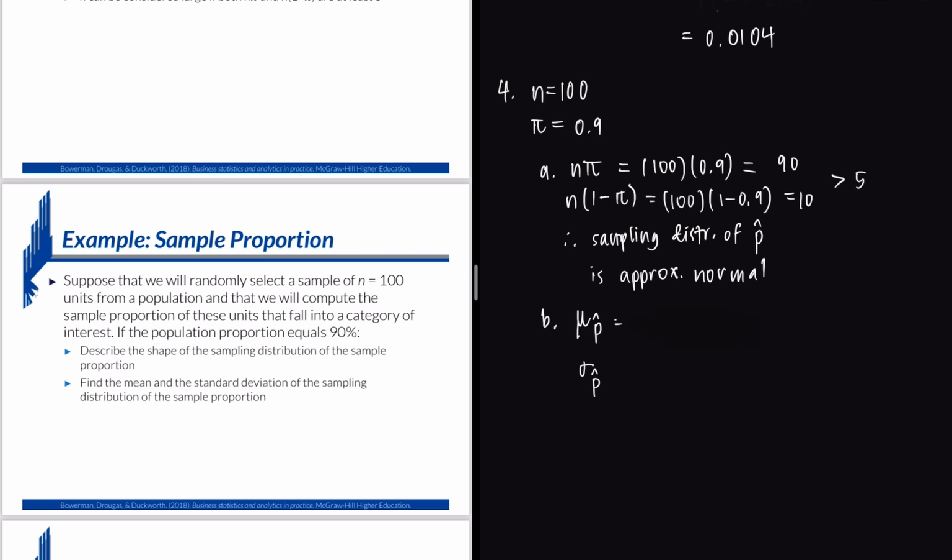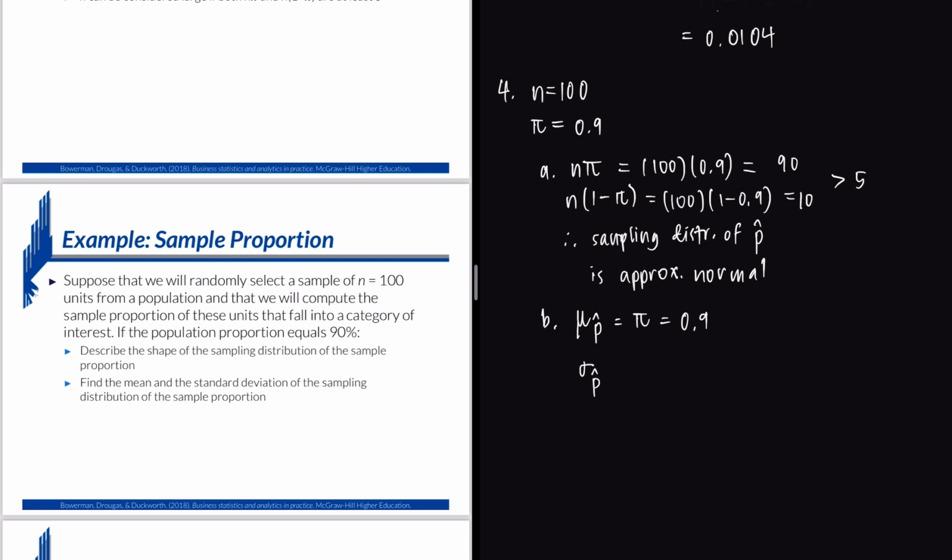So according to the property of sampling distributions of the sample proportion, mu sub p hat, or the average of all possible sample proportions, is equal to the population proportion. And since we know the value of pi, which is 0.9, therefore the mean of the sampling distribution of the sample proportion should also be equal to 0.9.